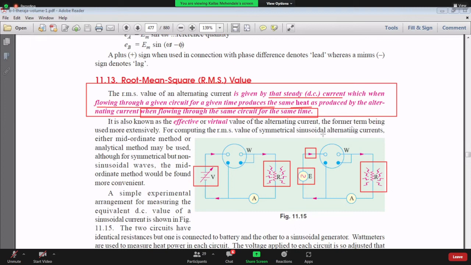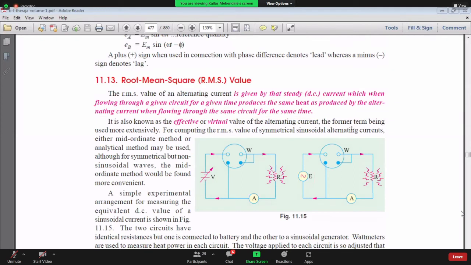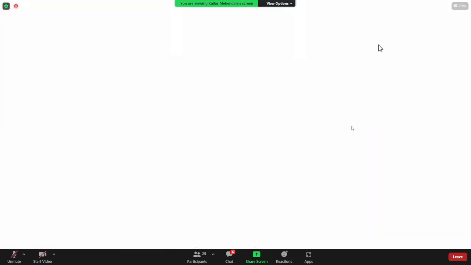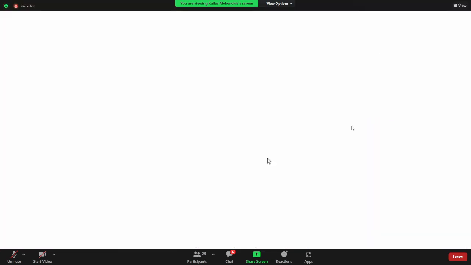Now here we'll try and find out the RMS value of a sinusoidal wave. Please allow me to share. Here is my whiteboard. Here I will do the derivation, even though it is given in the textbook. As I told you, I'm not going to read from there. I will rather derive it for your sake.